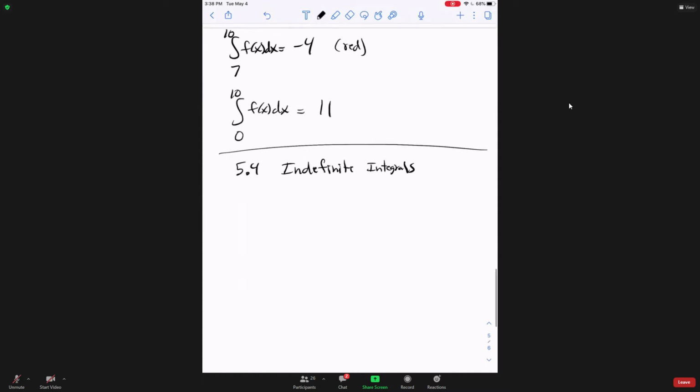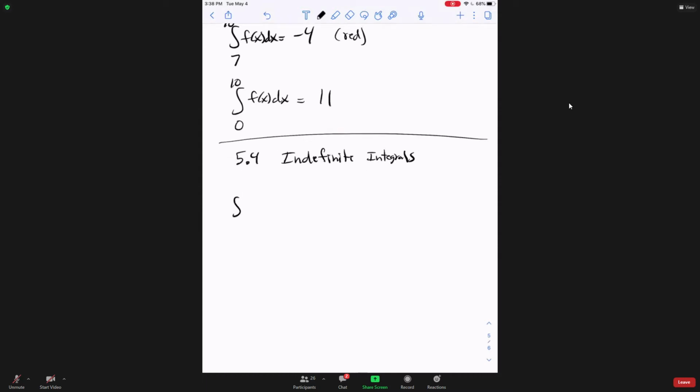All right, so the integral of x times x squared plus 2 squared dx. Now, here's the thing.